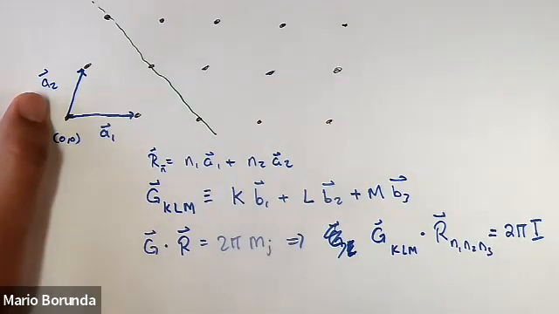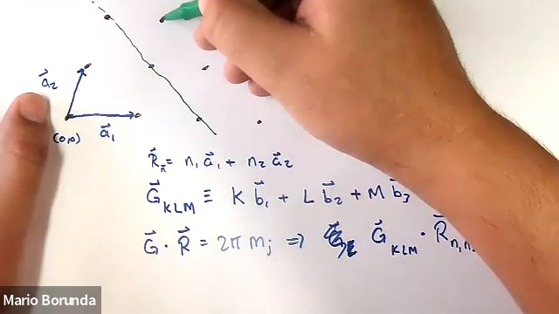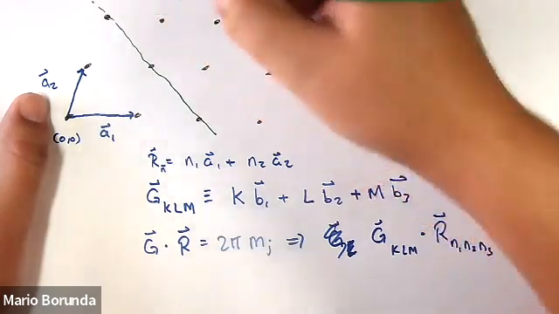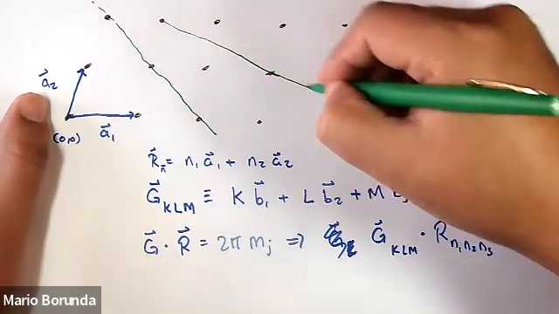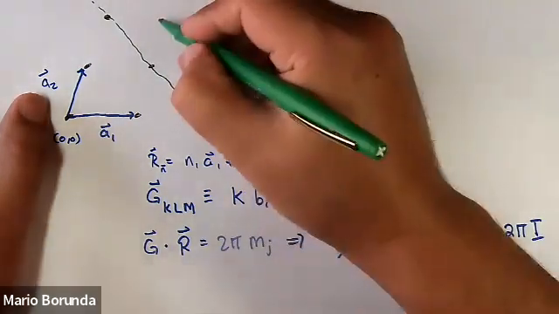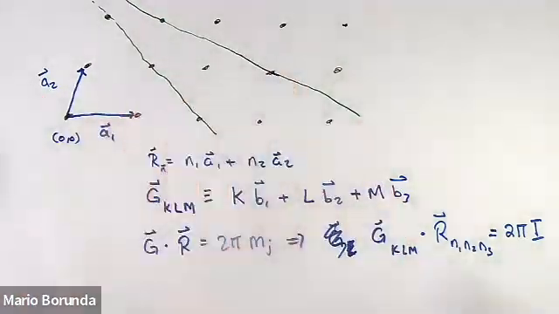So that line is different from a line that would pass through here, right? And if we have planes, it could be a plane going like this and another plane going like this.